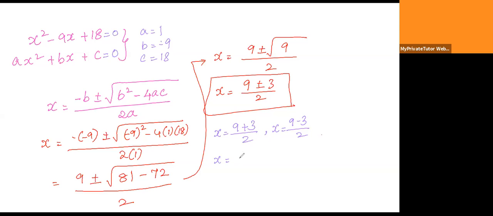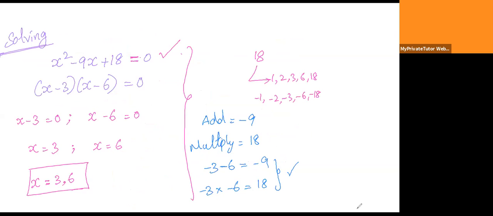What is 9 plus 3? 12 by 2, and this one is going to be 6 by 2, isn't it? Yeah. And you got the answer, I think, which is 6 comma 3. 3 comma 6 or 6 comma 3, both are fine. So those are the values of x. If you go back and check, we got the same values, 3 comma 6.